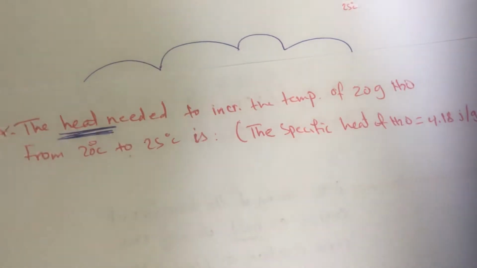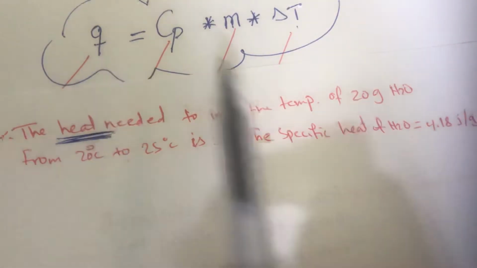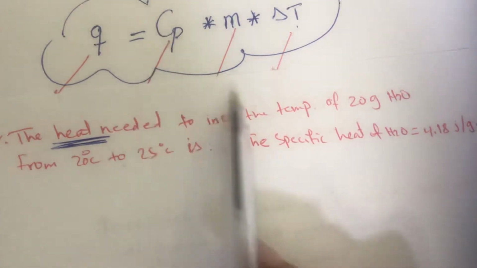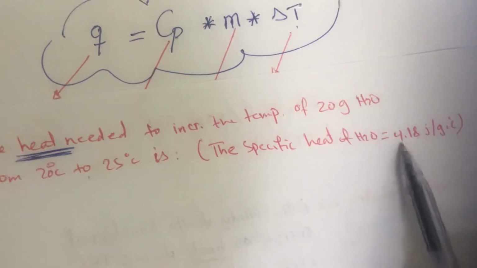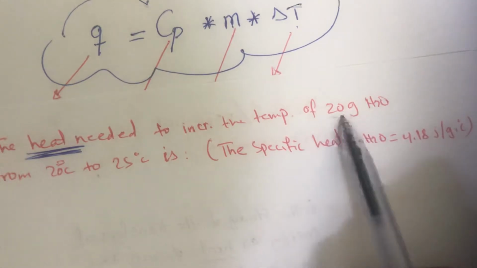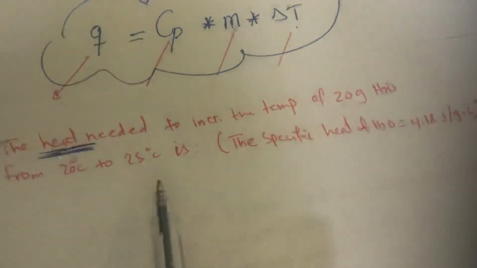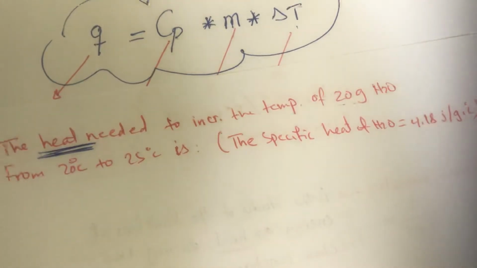So the question asks about heat. Specific heat is given in the question. Mass is given in the question. And delta T is given in the question.